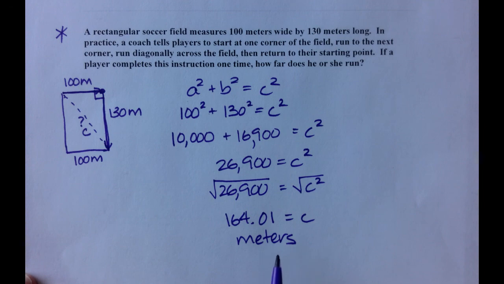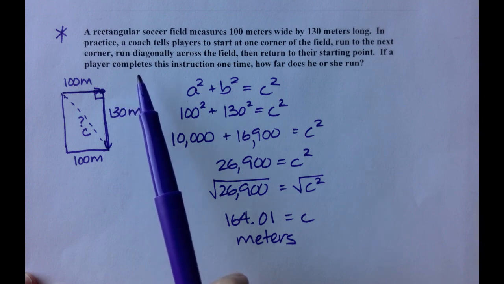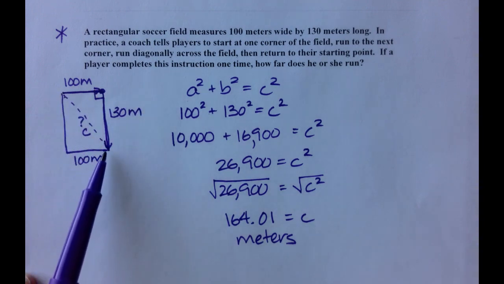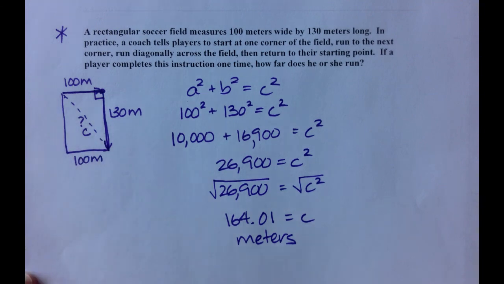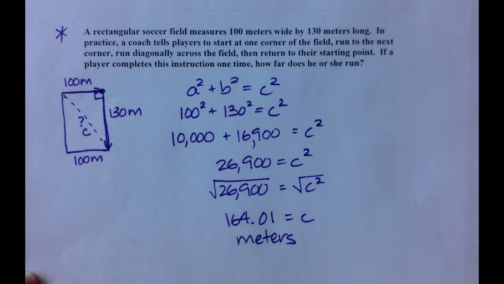It might seem like we're done, but let's go check and see what they asked us to do one more time. We want the player to complete the run from one corner to the next corner and then across the diagonal, returning to the starting point. So we need to find the total of the edges of this triangle.